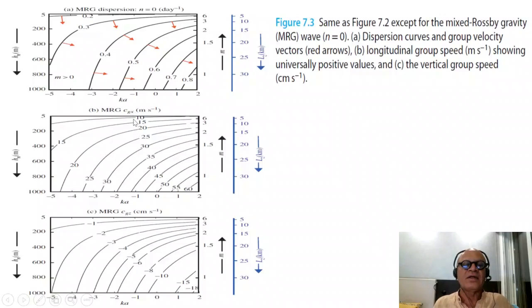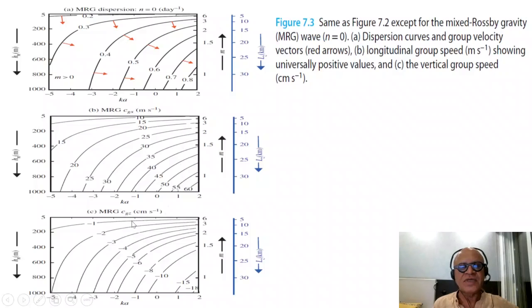So looking at longitudinal and vertical group velocities separately, again meters per second, centimeters per second, same axes: equivalent depth, longitudinal wave number, vertical wave number. Again, long waves and low wave number waves in m or in k have large group velocities. As waves get shorter, the group velocity decreases, and as equivalent depth gets shallower, wave group velocities decrease, and the same with m.